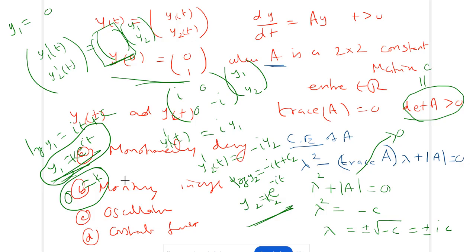Y1 is 0. So from this, e power 0 value is 1. Y2 of 0 equal to 1. Y2 equal to 1, so 1 equal to k2. So from this, y2 equal to e power minus it, k2 equal to 1.